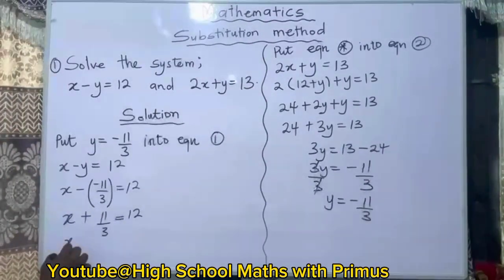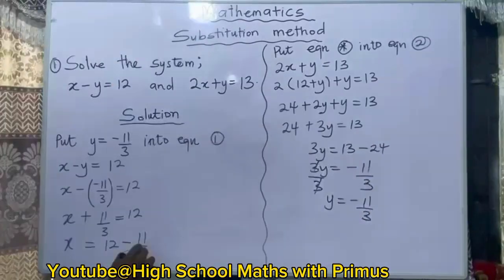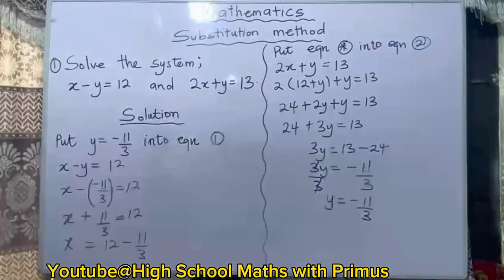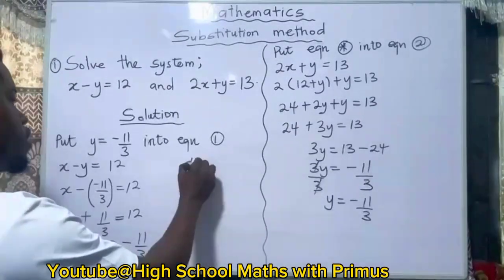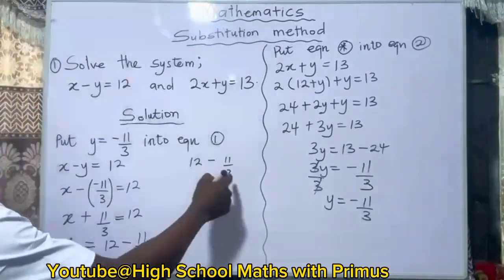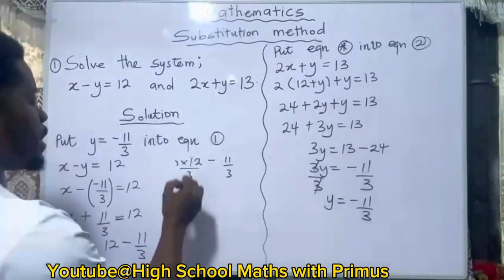And this is the same as having x equal to 12 minus 11 over 3. Doing a simple arithmetic here, we have 12 minus 11 over 3. You want these to have the same denominator, so you multiply 12 by 3 and the denominator by 3.